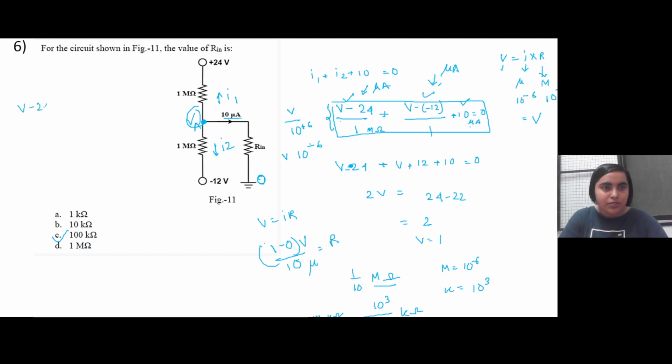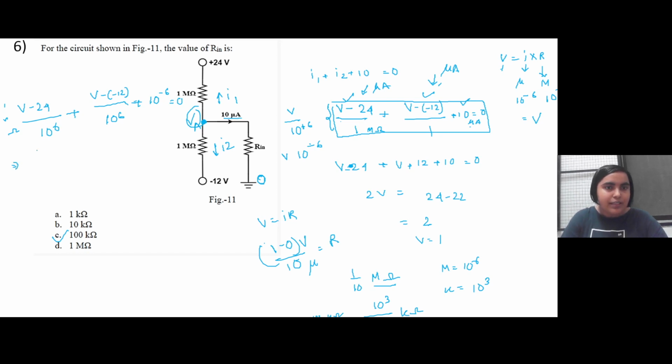V minus 24 by 10 to the power 6. If we write it in terms of, this will be in volt, this is in resistance, ohm, so it will be in ampere. If we maintain the unit of ampere here, it will be V minus of minus 12 by 10 to the power 6, plus 10 to the power minus 6, since it is microampere given.